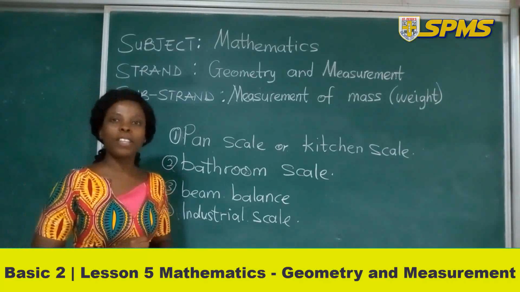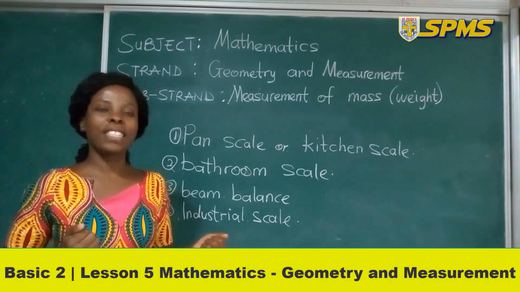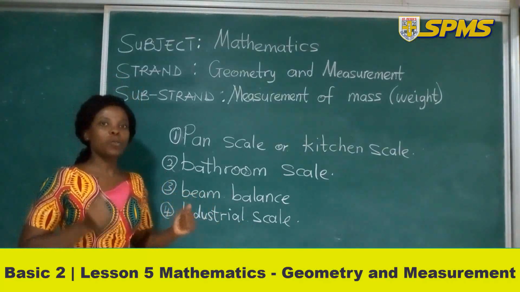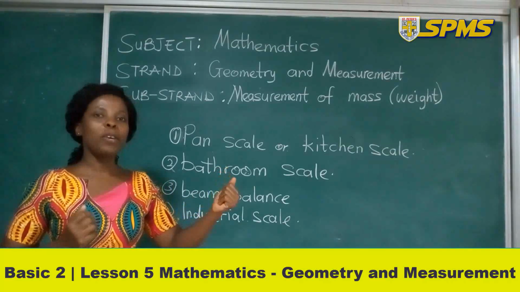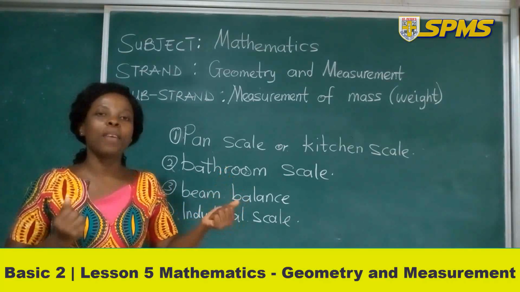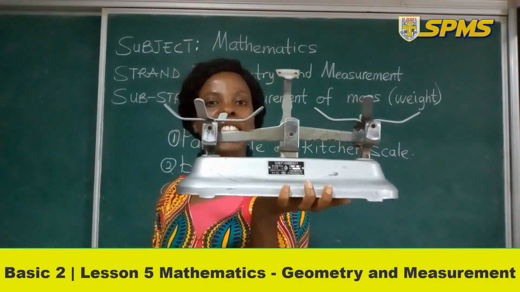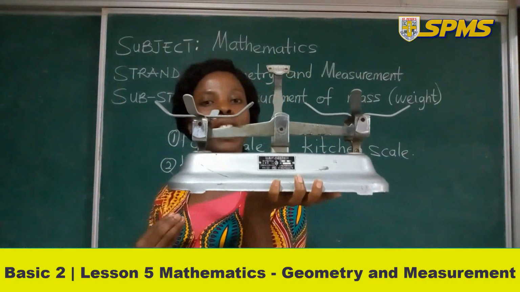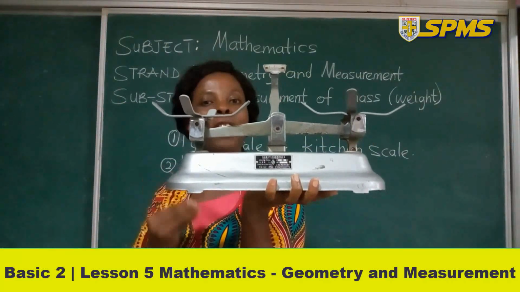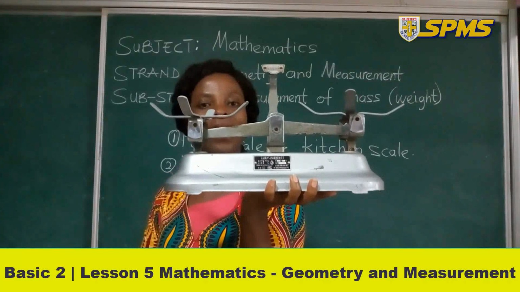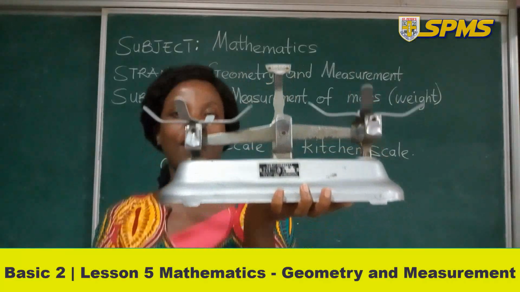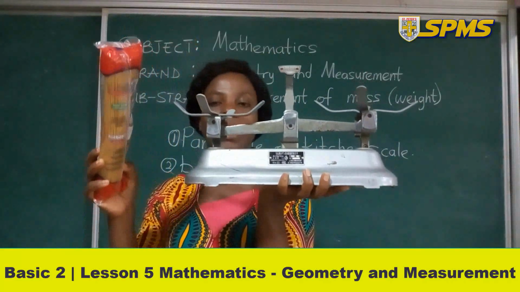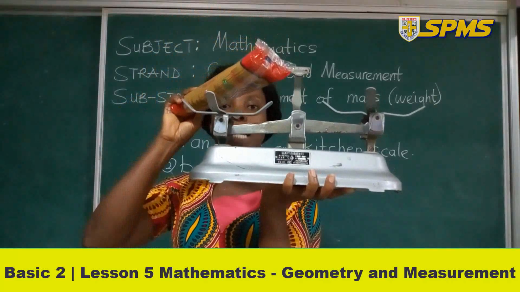Another type of scale that can be used to measure objects is the beam balance. The beam balance has two ends. It can be used to compare two things at the same time. This is an example of a beam balance. I'm going to compare the weight of two objects to see which one is heavier or lighter than the other. So I'm going to put the spaghetti on one end of the beam balance. Look closely.